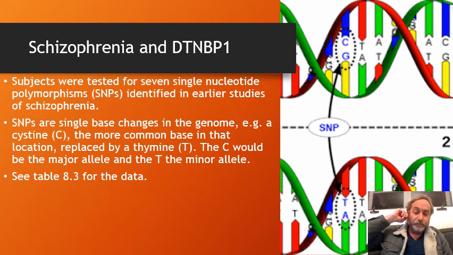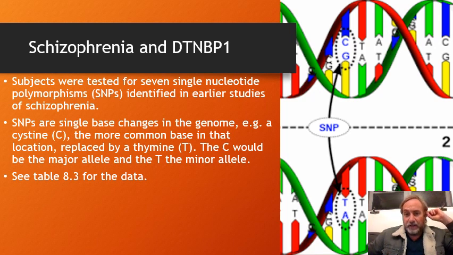The subjects were all tested for 7 single nucleotide polymorphisms, which we call SNPs, that have been identified in earlier studies of schizophrenia. These are just single mutations, changes in the genome. If you remember all the way back to the beginning, the story of DNA, we had these bases, cytosine and thymine were two of them.